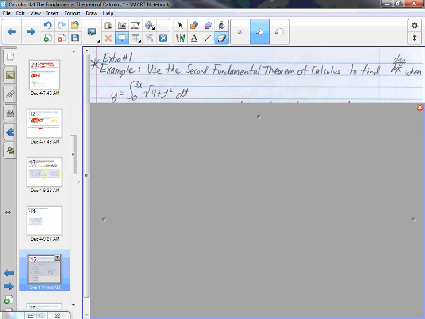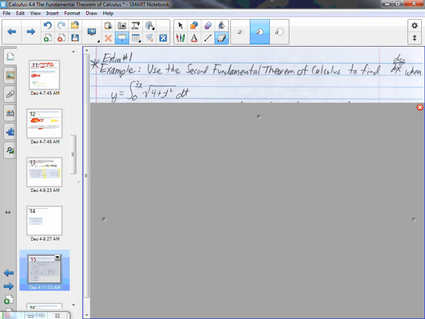All right, we're going to use the second fundamental theorem of calculus to find dy dx when, instead of calling it capital F, look what I'm calling it this time. I'm just calling it y.